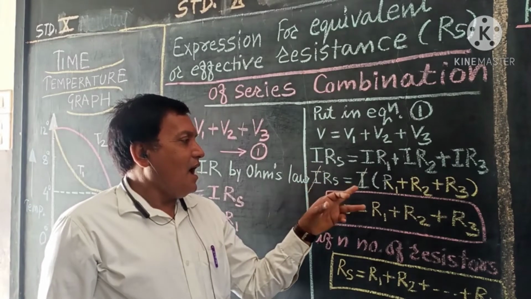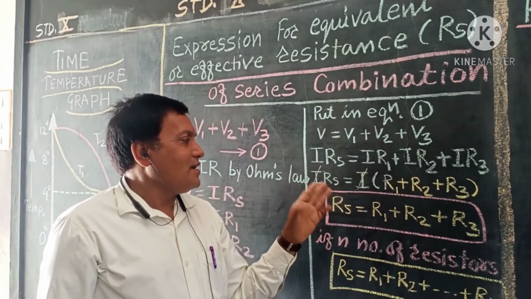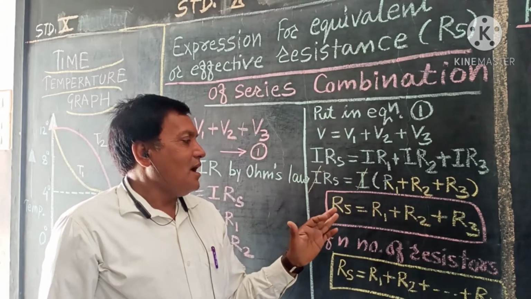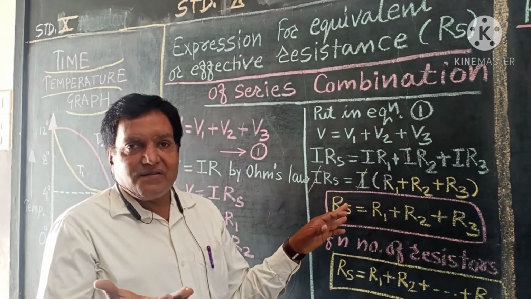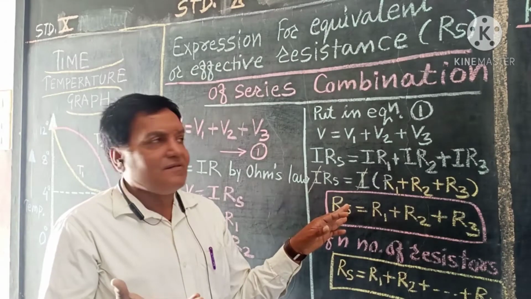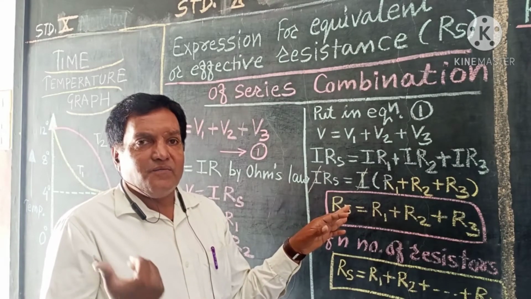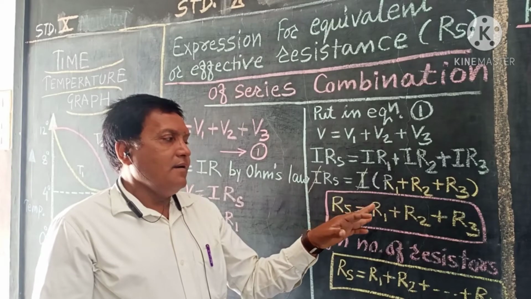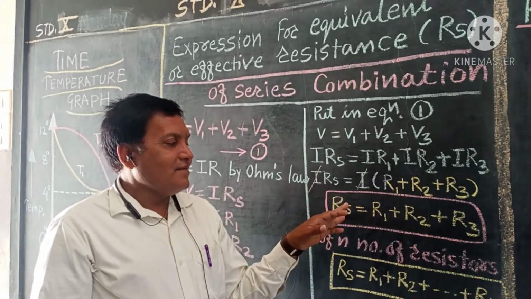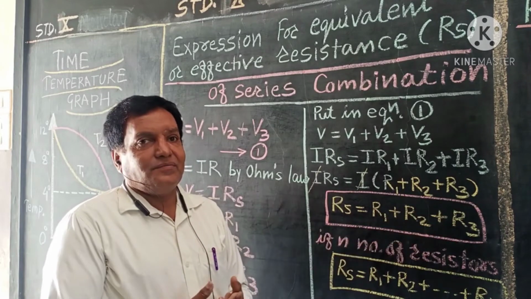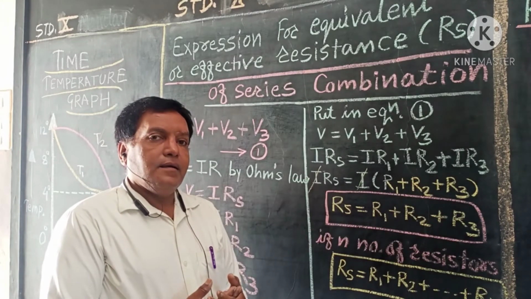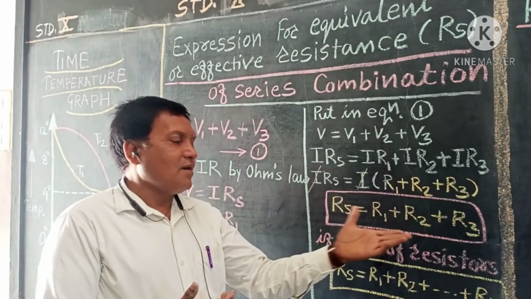Then I in the bracket R1 plus R2 plus R3, this I will get cancelled and we will get the expression for RS, which is the equivalent resistance, total resistance or effective resistance of the series combination of three resistors. RS equal to R1 plus R2 plus R3.